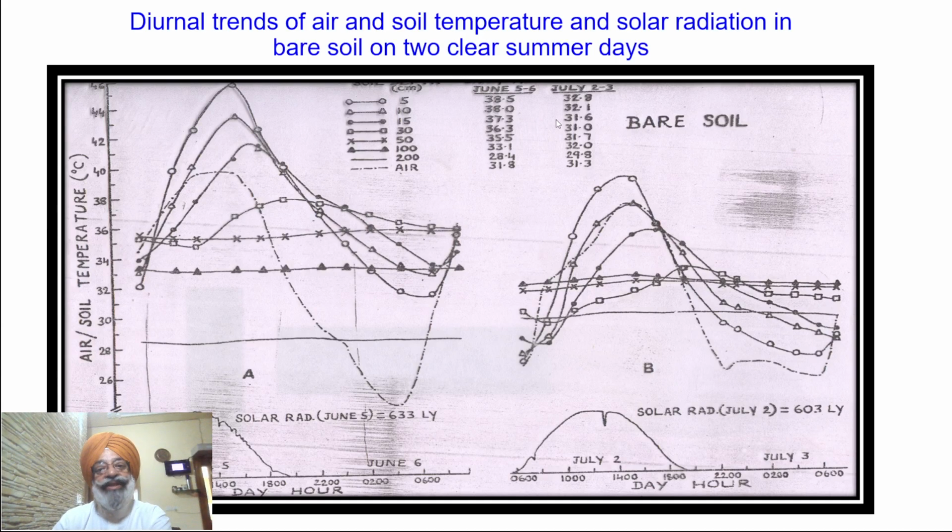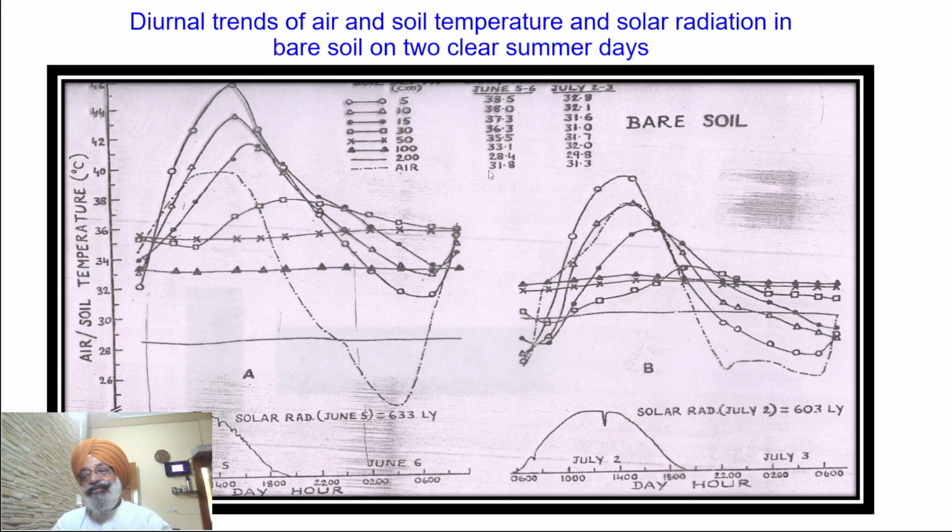On July 2nd and 3rd, of course it's a bare plot, as I said, both are bare plots. In between, after June 5th and 6th, there was a sort of incidental irrigation of 8 centimeter on the same plot, on June 7th.